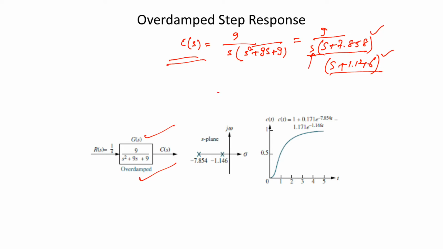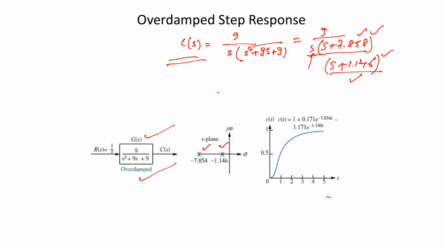Each of the two system poles, s plus 7.858 and s plus 1.146, which are on the real axis, generates an exponential natural response whose exponential frequency is equal to the pole location.